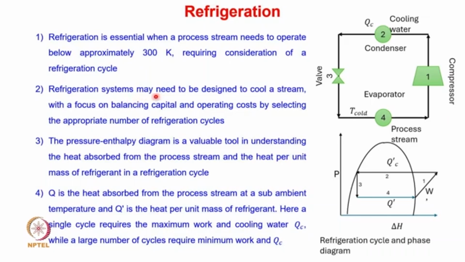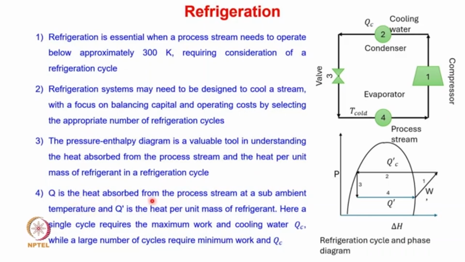A refrigeration system may need to be designed to cool a stream, with a focus on balancing capital and operating cost by selecting the appropriate number of refrigeration cycles. The pressure enthalpy diagram is a valuable tool in understanding the heat absorbed from the process stream and the heat per unit mass of the refrigerant in the refrigeration cycle.